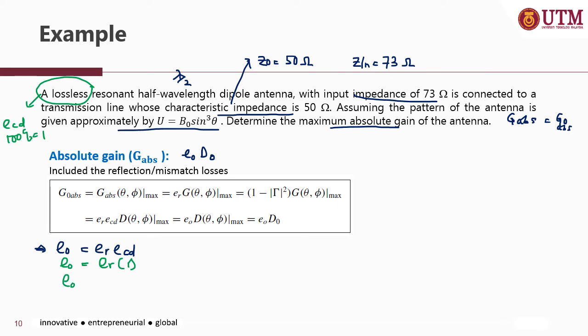Okay, so E naught equals ER in this particular case. So what is ER? ER is the reflection mismatch, given by this equation: 1 minus the reflection coefficient gamma squared.